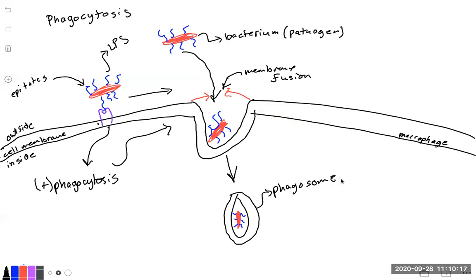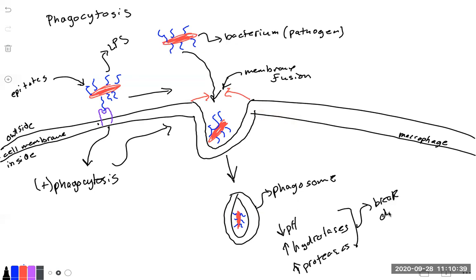But it will end up acting a lot like a lysosome, and it will lower the pH and increase a bunch of hydrolases, and it's going to have a bunch of proteases, and all of these things together are going to break down our pathogen into nothing.